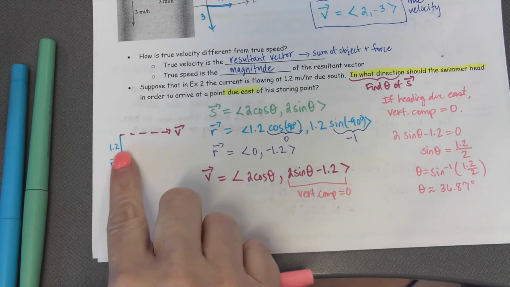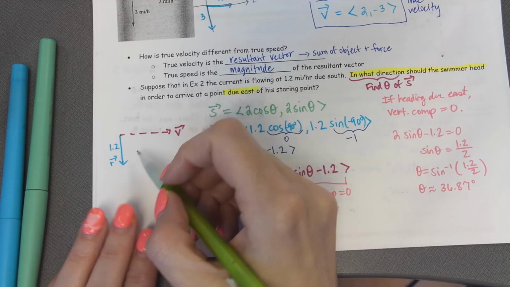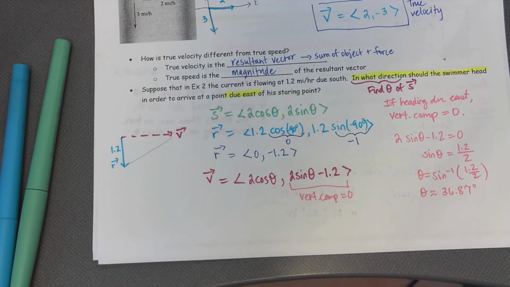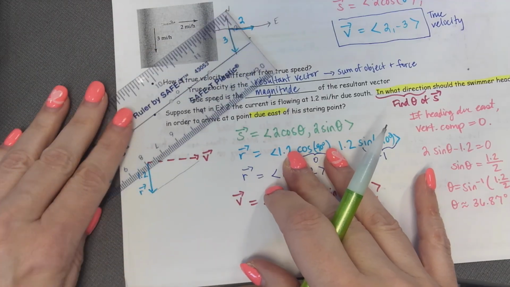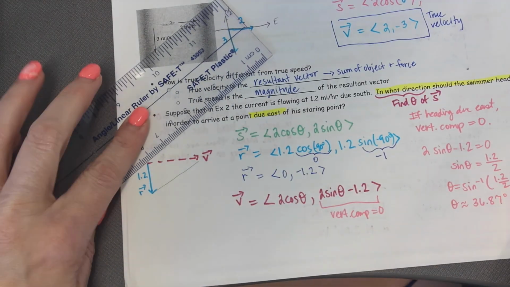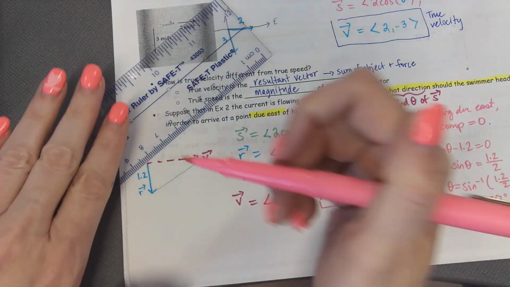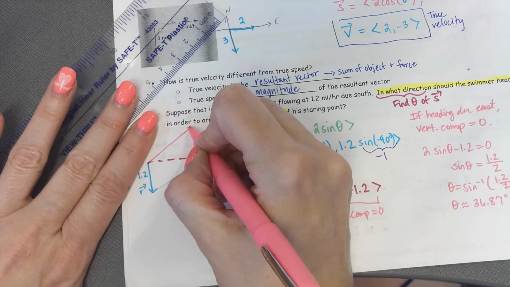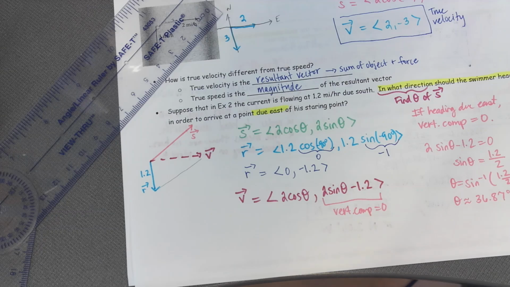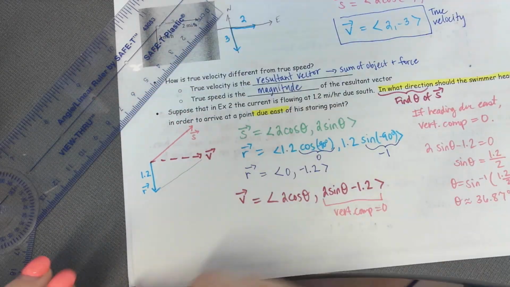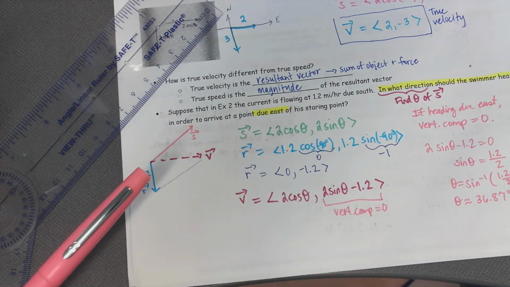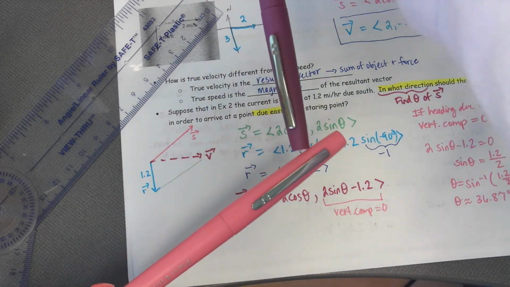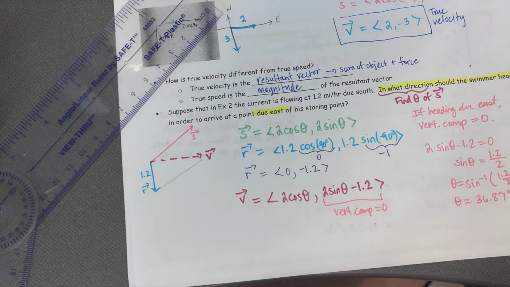Okay, now to find the direction, you can use what we just talked about, how this is going to be a parallelogram. So you just are creating the equivalent side here, and this is the direction it should be heading. Which makes sense, because if the river is going south, and you start heading this way, and then the river is pushing you down, then you get to go east.